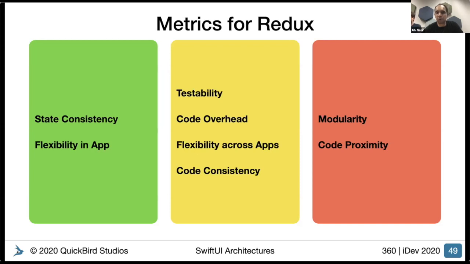So that's why it can go in both the red and the green part. And the code consistency: since everything is inside the store, the views are just doing the view part, and it can go right as well as wrong, depending on how you design it.